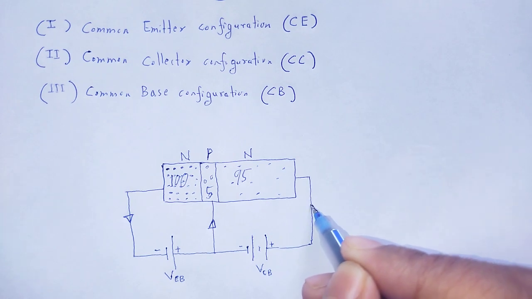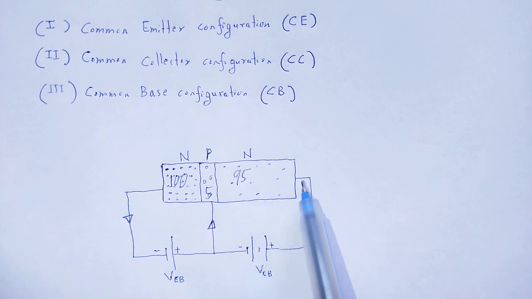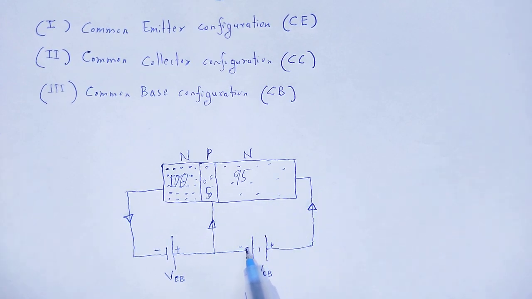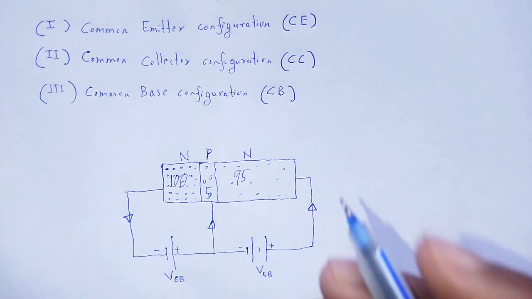The direction of flow of electrons and the conventional current flow direction are shown like this. The free electrons again flow within this, and the circuit is completed.